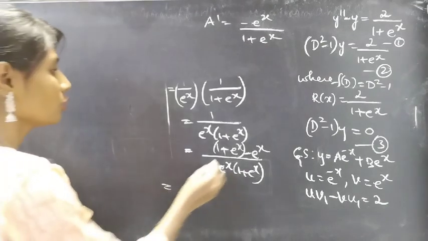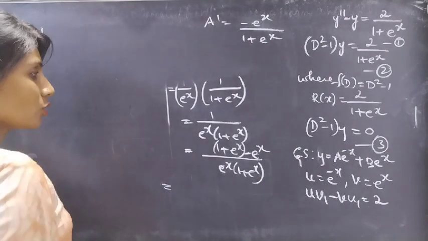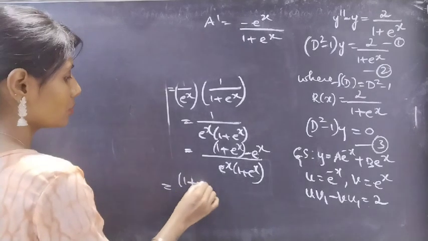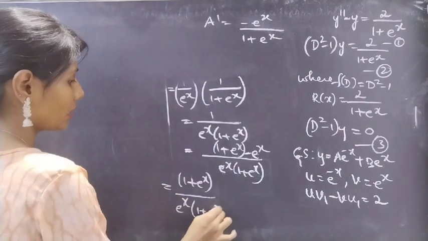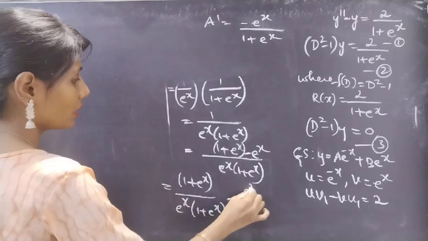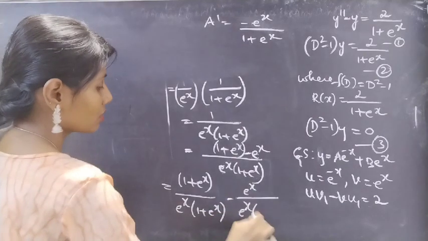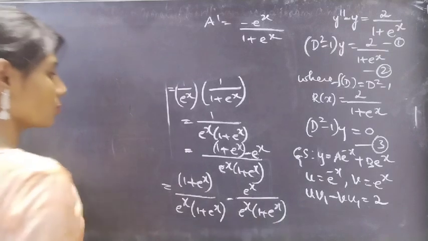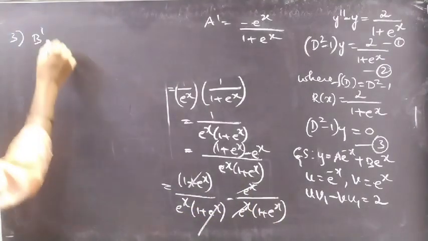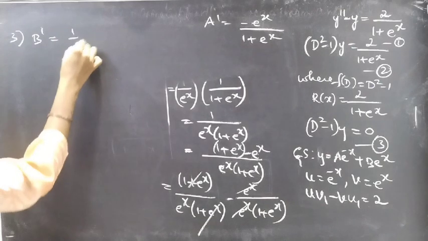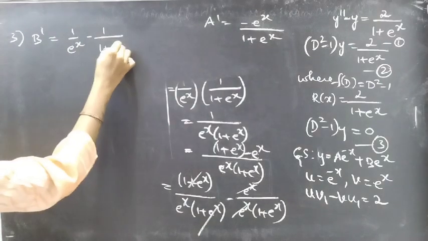Now we are having 2 terms in the numerator and 1 term in the denominator. So we'll write it as 1 plus e power x by e power x into 1 plus e power x, minus e power x by e power x into 1 plus e power x. So here 1 plus e power x gets cancelled and e power x gets cancelled. Then we'll get b dash equal to 1 by e power x minus 1 by 1 plus e power x.